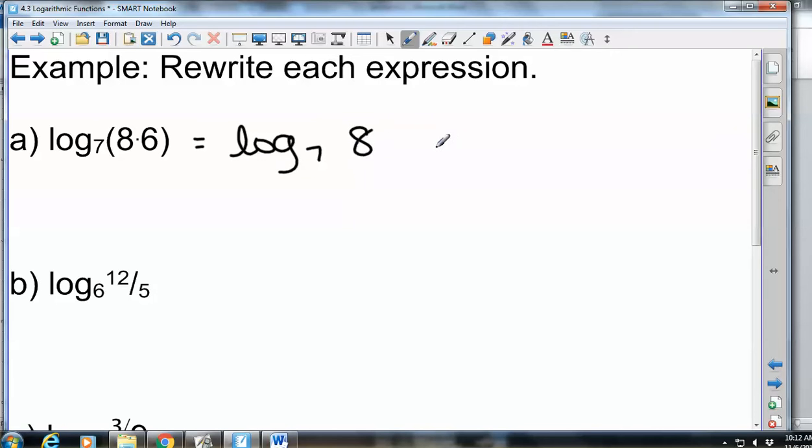You need to make sure you write the log base 7 each time. Don't forget the base. If you don't have a base written, it's assumed to be 10, which is different than a base of 7. So you have to write the log each time.